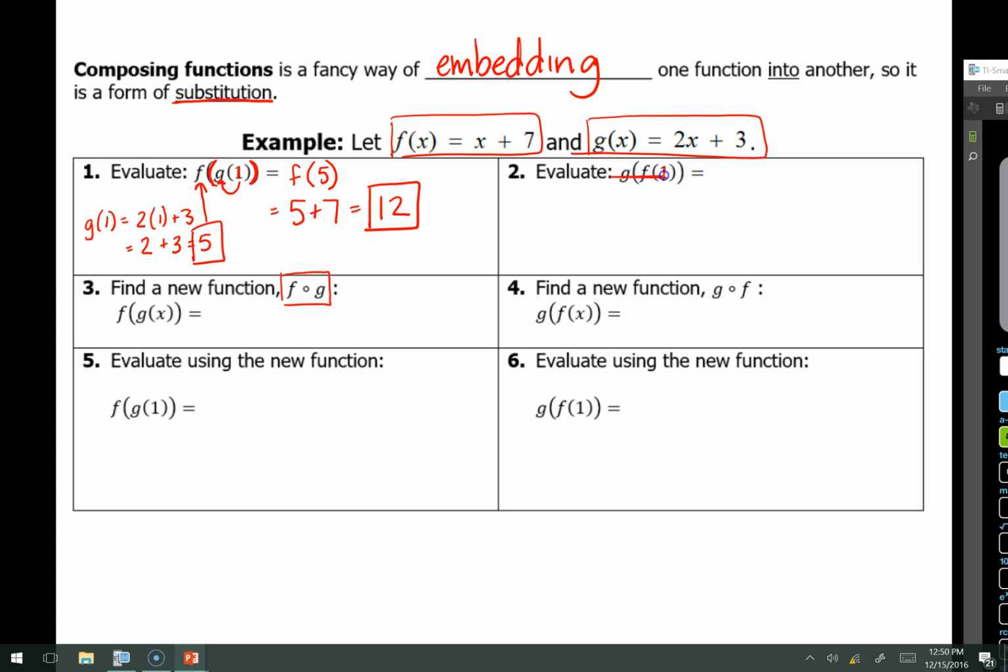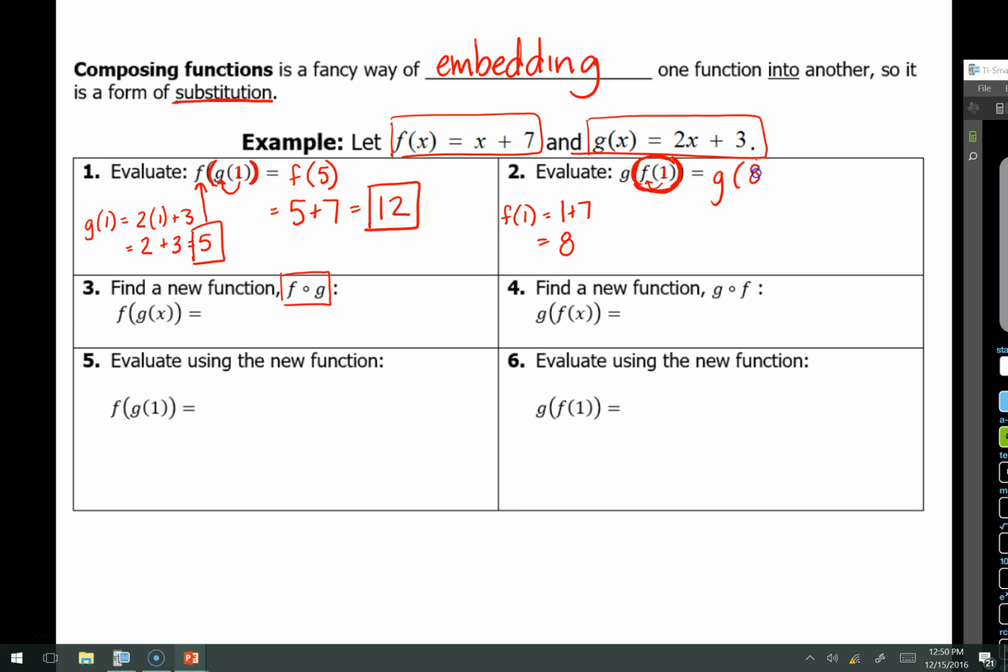So I'm going to start on the inside with my 1, but this time I'm going to substitute it into f. So I'm finding f of 1 first. F of 1 is using this f of x function, so that's 1 plus 7, which is equal to 8. Now I'm going to take that 8 and plug it in to my g function because f of 1 is equal to 8.